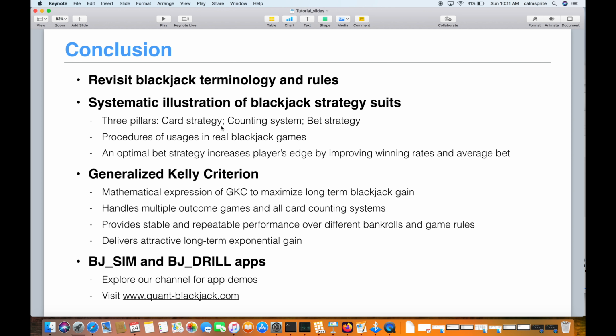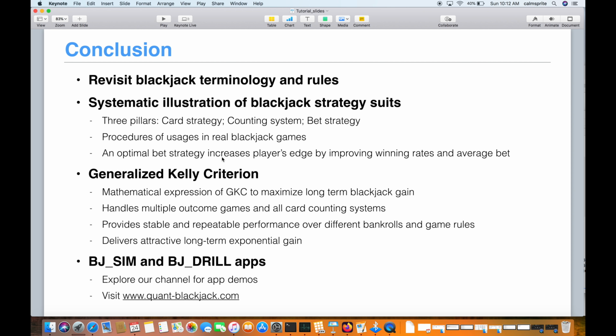At the heart of this framework are 3 pillars: card strategy, making decisions such as hit, stand, double, or split; counting system, evaluating the deck composition to gain predictive insight; bet strategy, determining how much to bet and when. We then examined step-by-step procedures for applying these strategies in real blackjack play, whether in casinos or simulations.